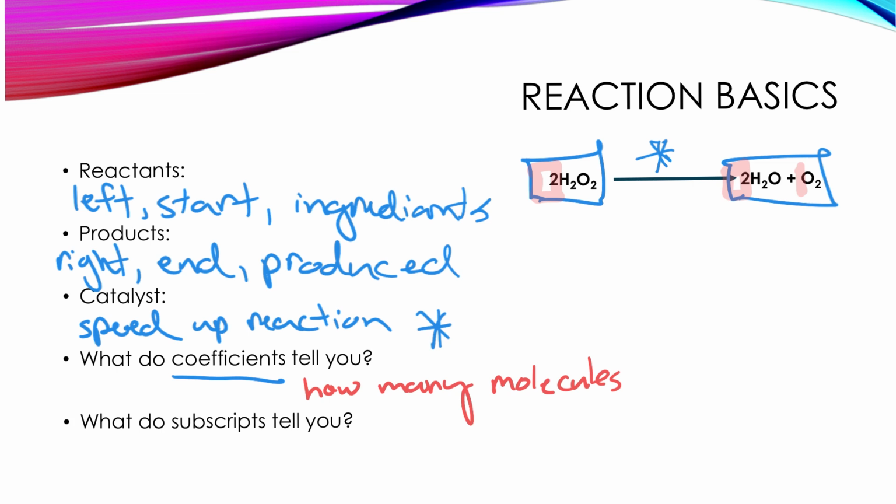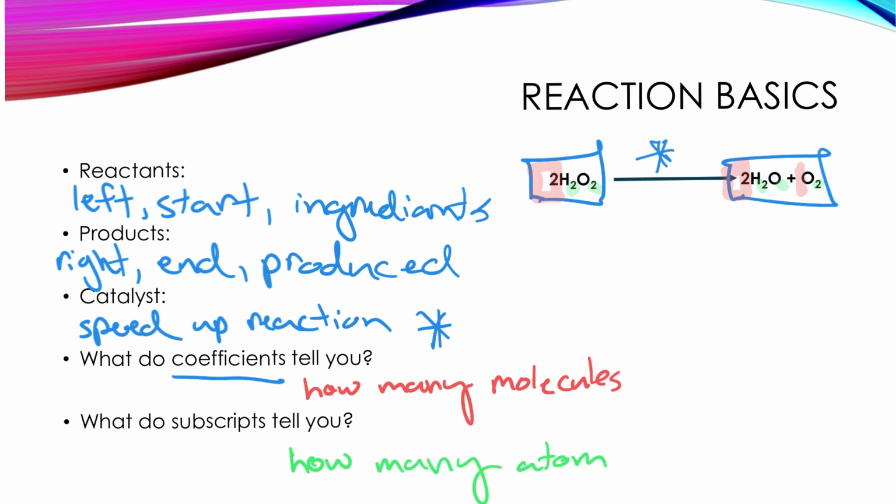But the subscripts, and I'll choose a different color, the subscripts are what are below. Remember, sub meaning below. The subscripts tell you right there how many of each of the atoms there are. Again, if there are no subscripts, you assume 1.